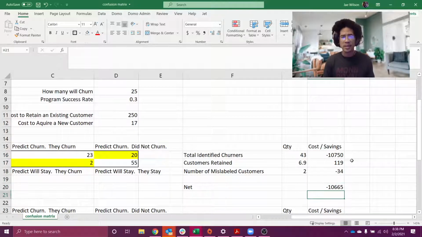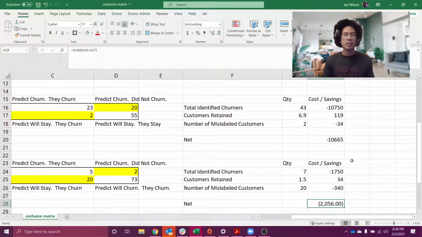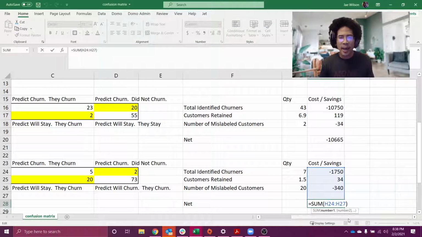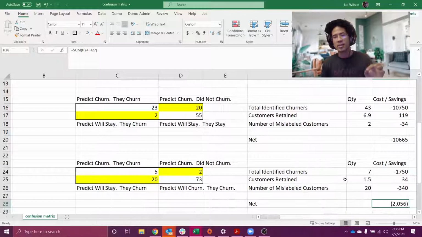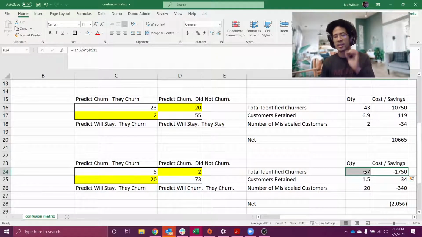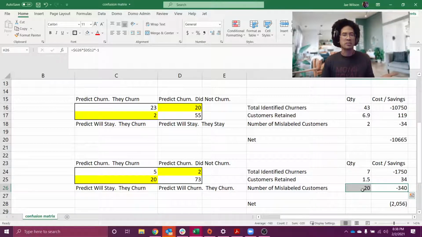I'm out $10,000. Model 2, I remember that number being different. Model 2, not so bad. Because I'm minimizing the cost of retaining customers, and I recognize that the cost of replacing customers, not really worried about it.